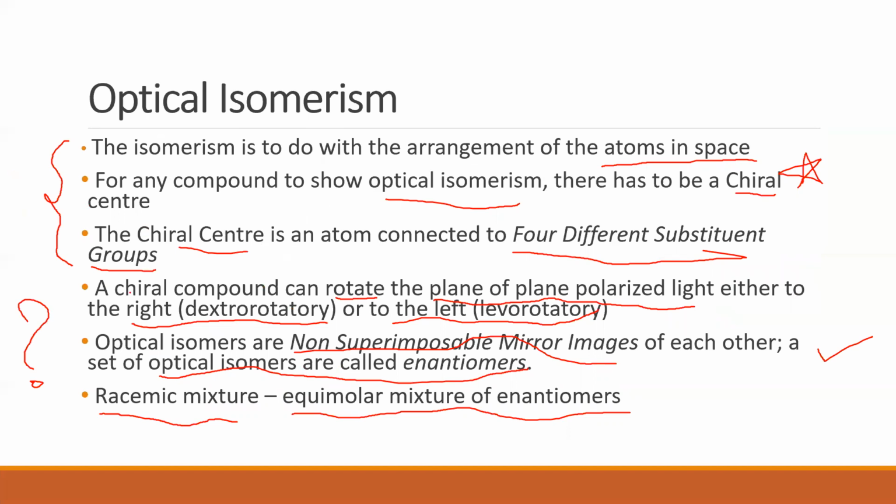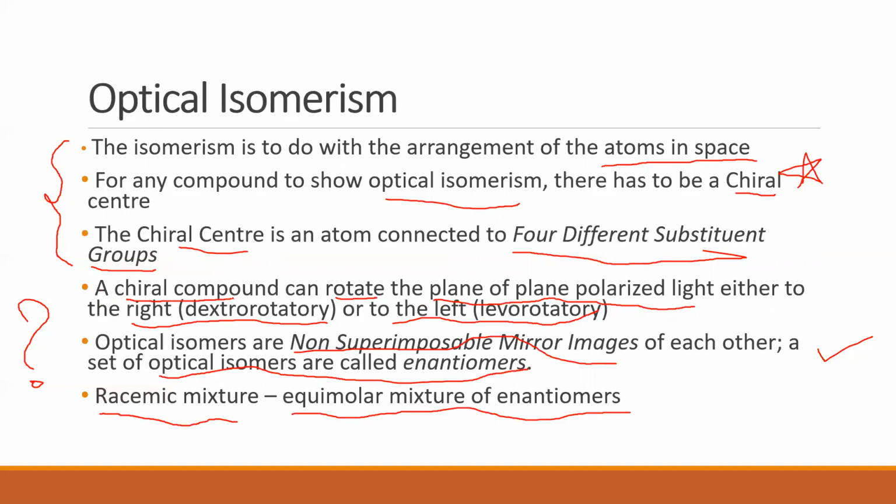Now going back to this point here, a chiral compound can rotate the plane of plane polarized light either to the right, in which case it's called dextrorotatory, or to the left, in which case it's called levorotatory. Now, who is a chiral compound?